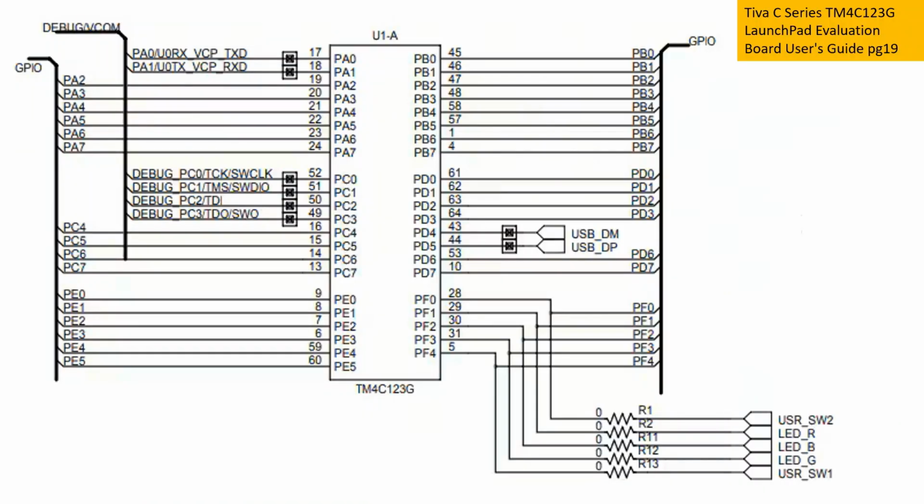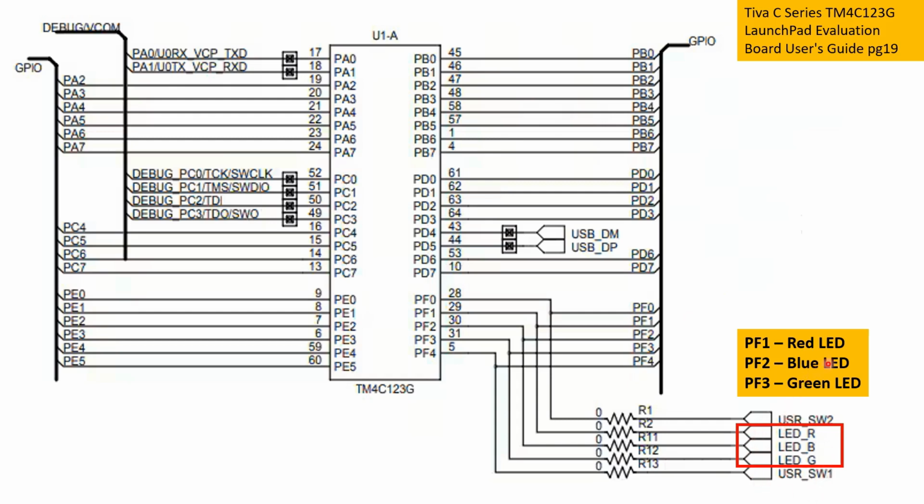So before we do that, let's remind ourselves where the RGB LED is located. So here is the schematic of the Tiva C LaunchPad board. I've taken this from the Tiva C series TM4C123 datasheet. All right, so basically, here is the RGB LED.